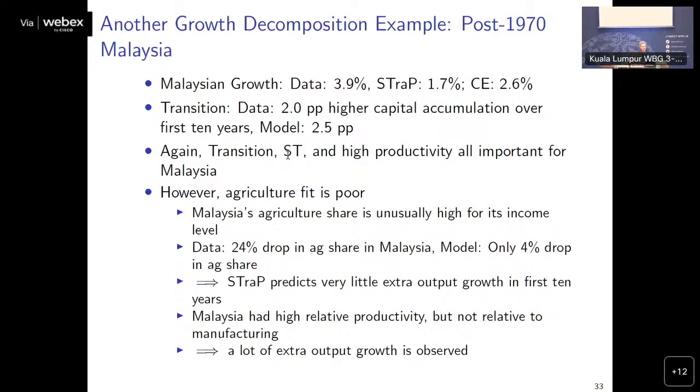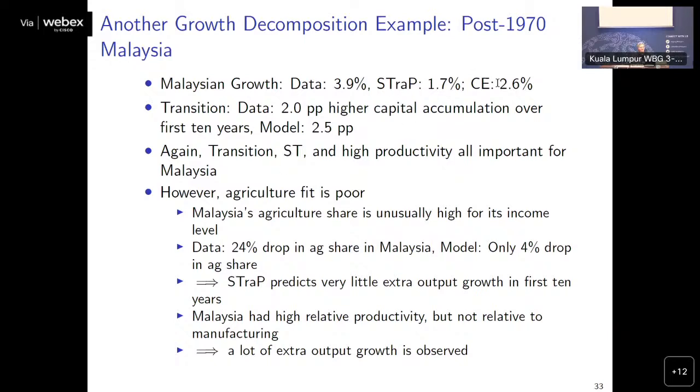Okay, sure. So the agricultural fit for Malaysia is very poor. Malaysia looks unusual in many ways now when I'm looking at the data. If you remember from yesterday, Malaysia's agricultural share of GDP is very high for its level of income.